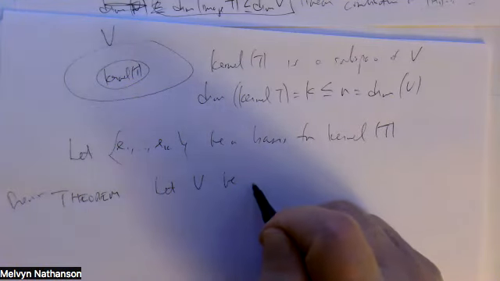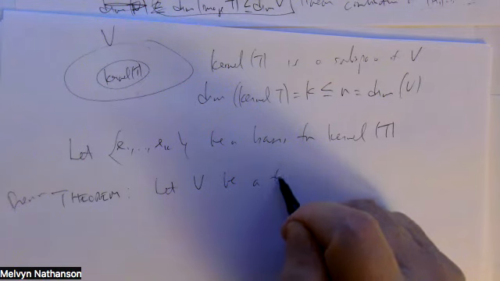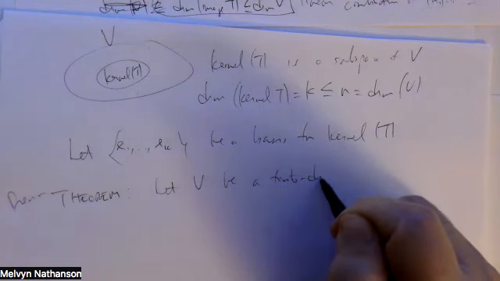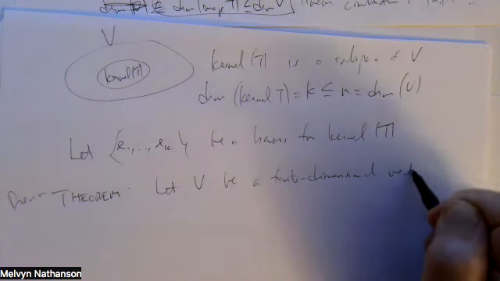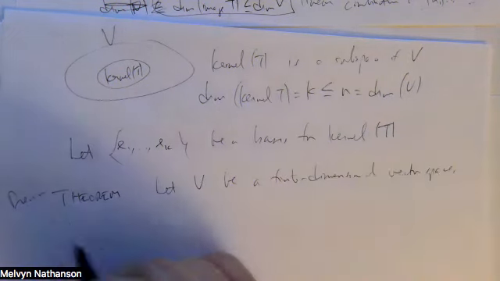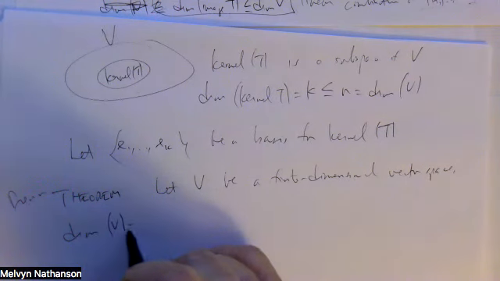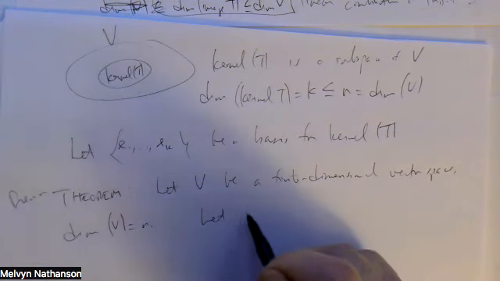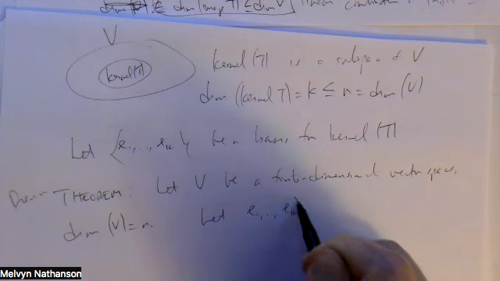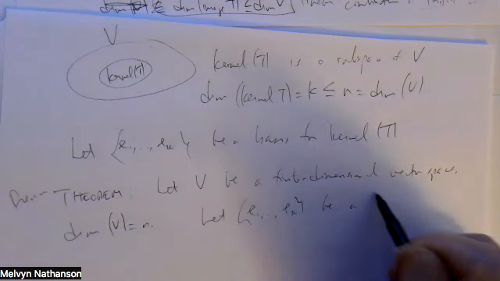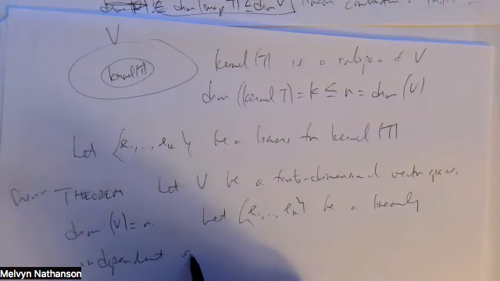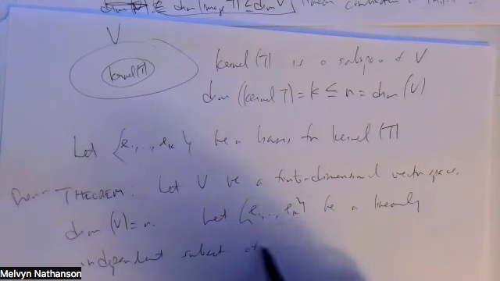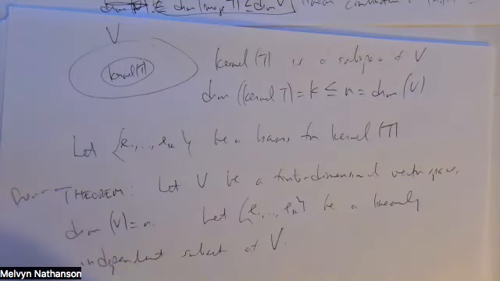Let V be a finite dimensional vector space. Say the dimension of V is equal to n. Let e1 up to ek be a linearly independent subset of V.